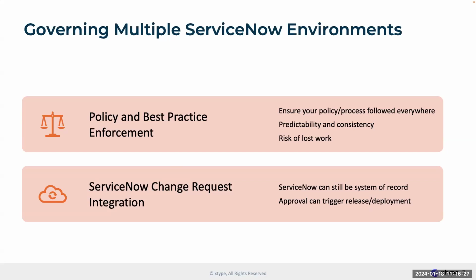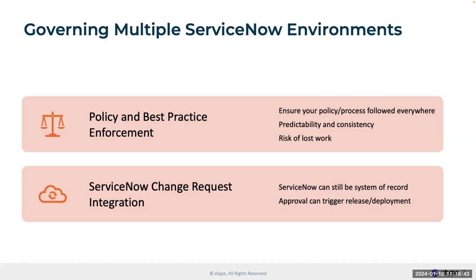So whatever your process is, your policy is, X-Type can ensure that that's being governed. And X-Type under the covers is using the out-of-the-box native migration propagation mechanics of ServiceNow. So you can trust and take full confidence that X-Type is using things that you already know, have already been certified, and are already familiar with, okay?